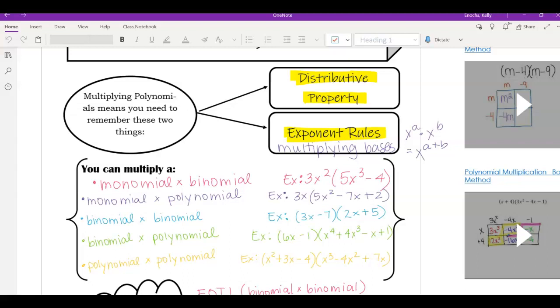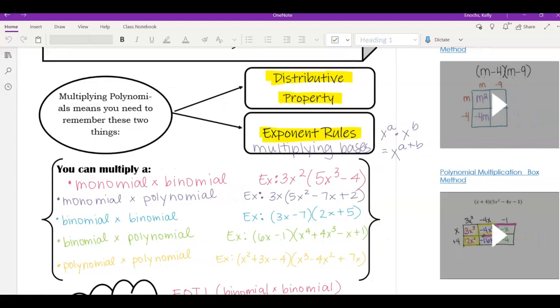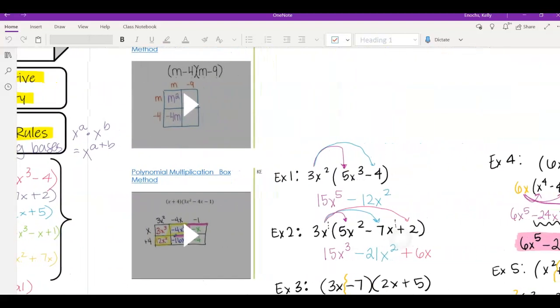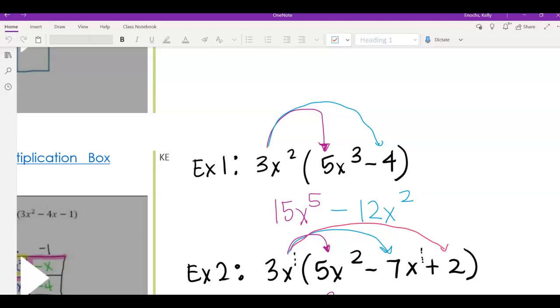Okay, so let's take a look at a couple of examples. So let's start here with my monomial times a binomial. And this is the distributive property one we just did. So if I do 3x squared times 5x to the third, I get 3 times 5 to make 15, x squared times x to the third to make x to the fifth. 3x squared times negative 4, that gives me negative 12, and then there's only one x squared there.